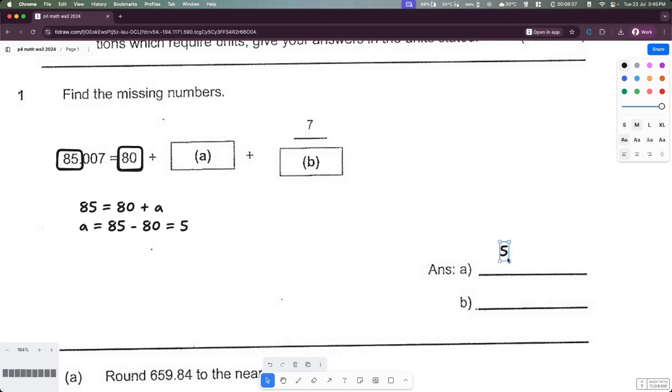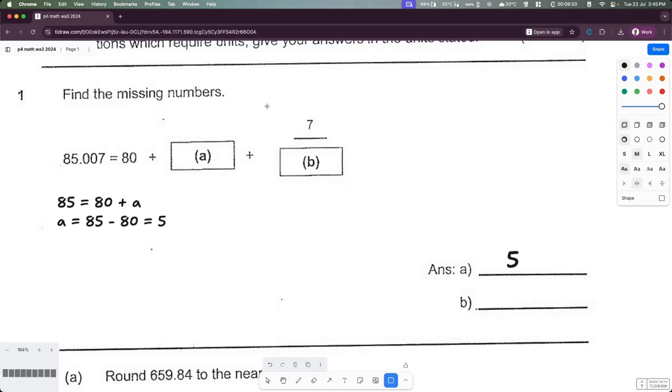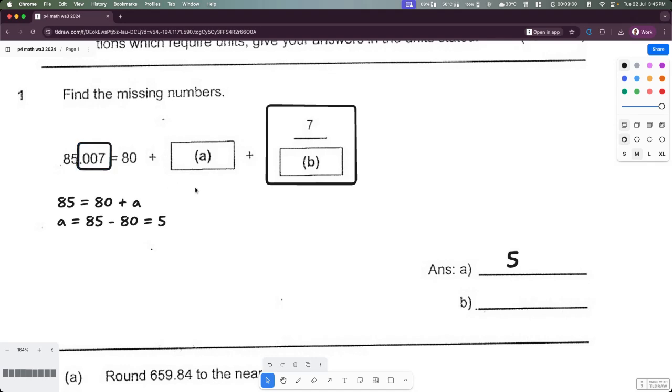Pretty straightforward. Let's move on to B. Now we know that A is 5. If we look at the 7 over B, it is 0.007. I think the teacher who set this paper might be a big fan of James Bond 007. If you don't know that, then it's fine.